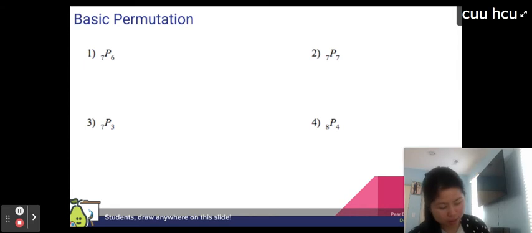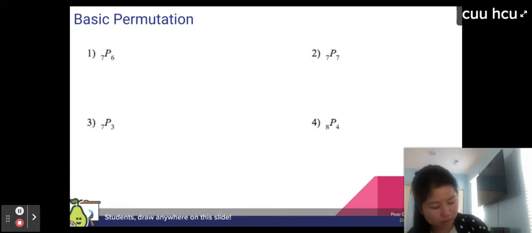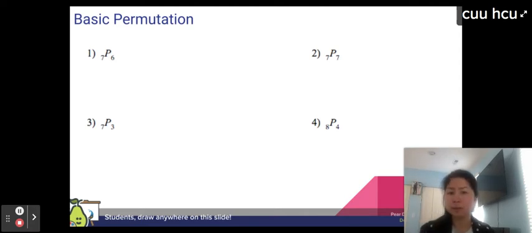We can cancel out the common values. And now what we have is 7 times 6 times 5 times 4 times 3 times 2, which would give you 5,040. That means you're going to write out every single number, but you don't have to.